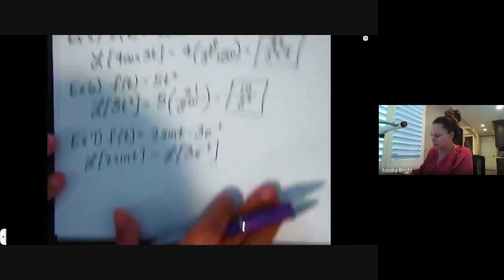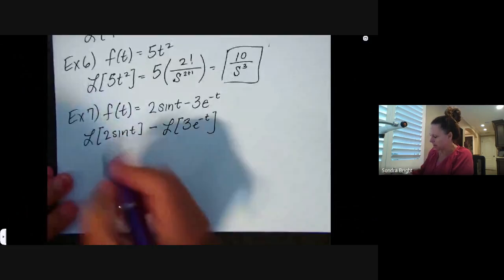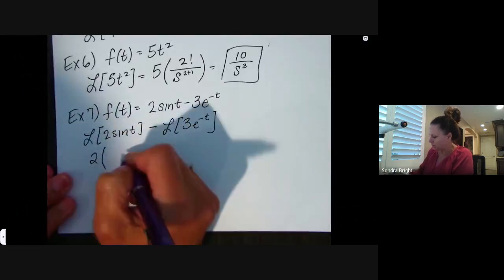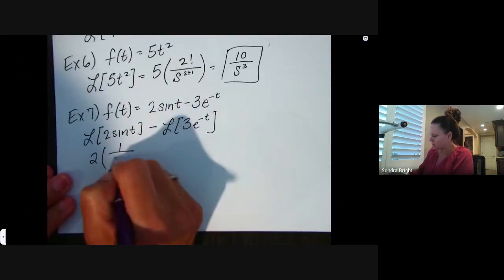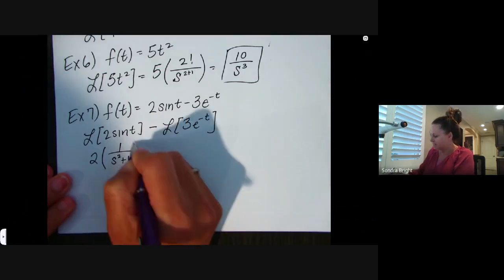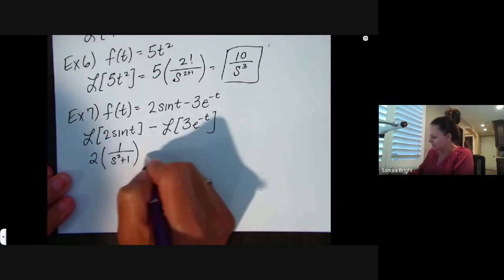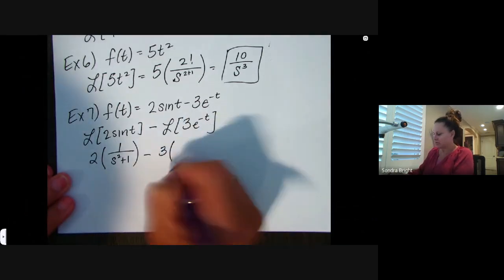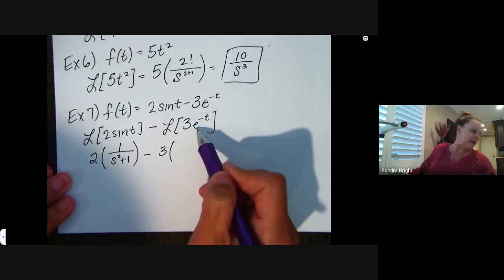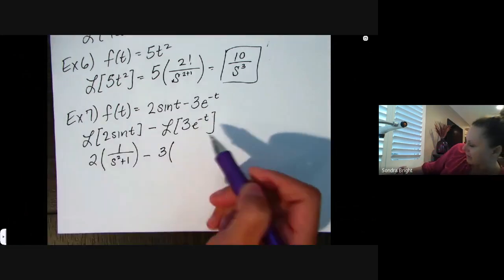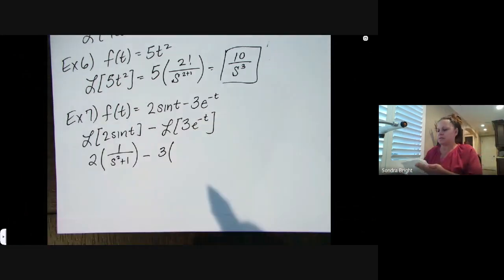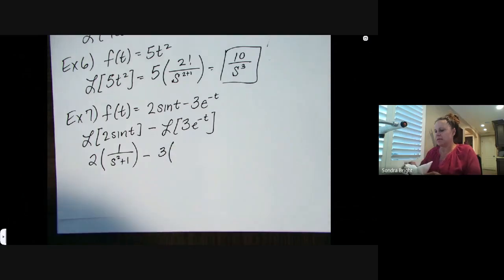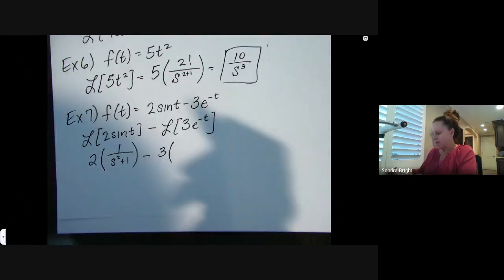So this is you got a 2 in front, so a 2 times a 1 over s squared plus 1, and then minus 3 times Laplace transform on e to the negative t. Now your a is a negative 1, and so I like this pen, but it leaks a little bit, so fix it.